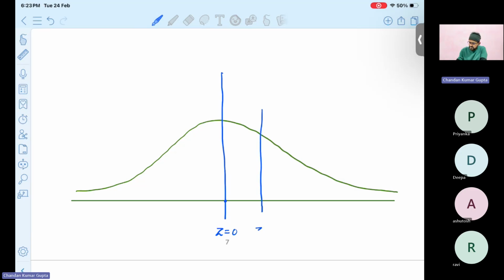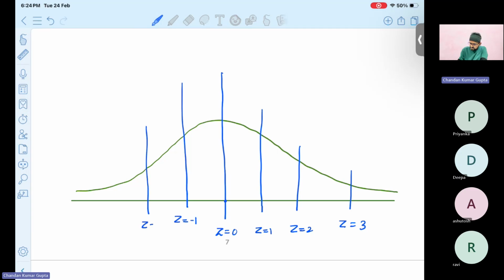Then z equal to 1, z equal to 2, z equal to 3. Similarly here, z equal to minus 1, minus 2, and minus 3.